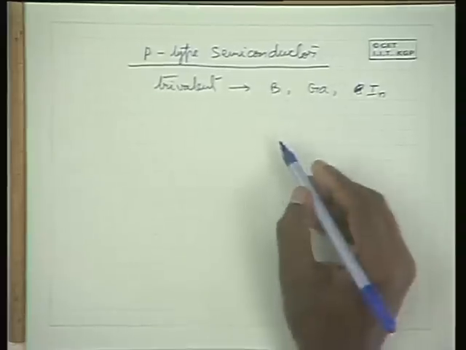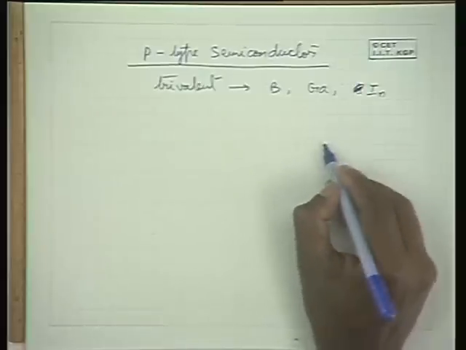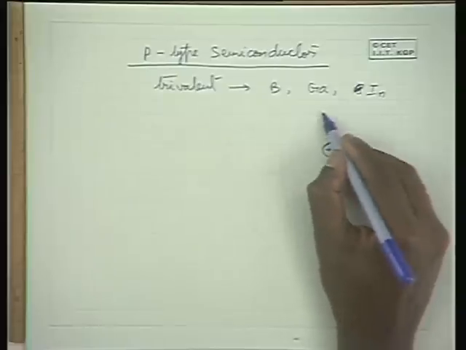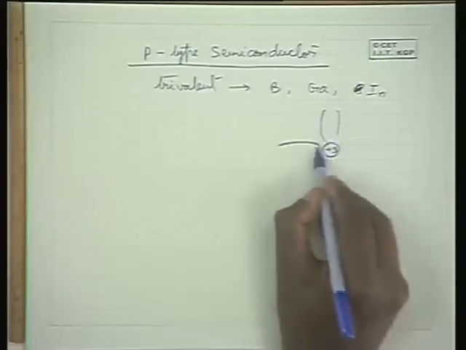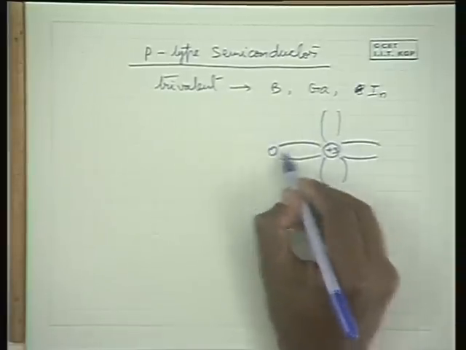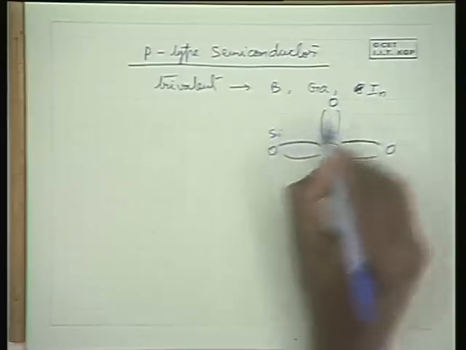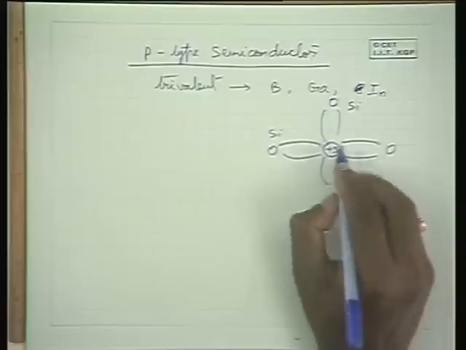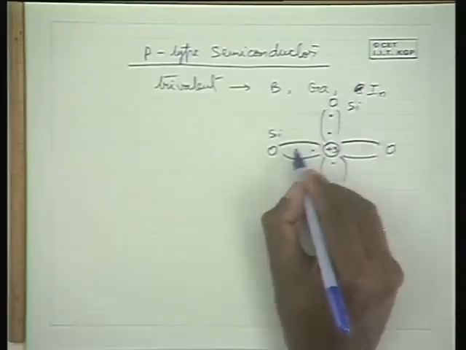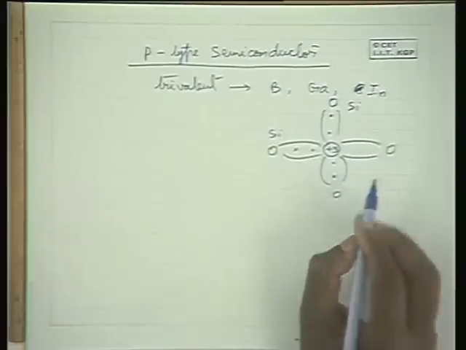When you dope a semiconductor by introducing a few trivalent atoms, these trivalent atoms form covalent bonds with the adjacent silicon atoms by sharing their outermost electrons with the outermost orbital electrons of the silicon atoms.